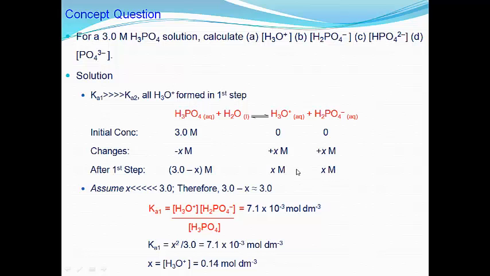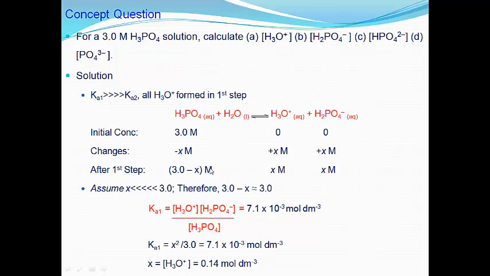Now, because H3PO4 is not a strong acid, we can assume that you don't have complete ionization, and therefore we can assume that x, which is the moles of H3O+ that is formed, is significantly less than the initial concentration of H3PO4. And therefore, 3.0 minus x is approximately equal to 3.